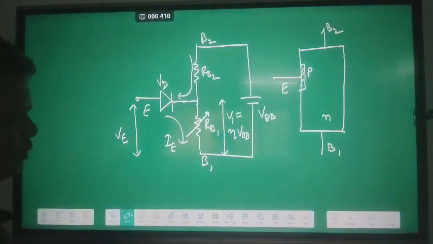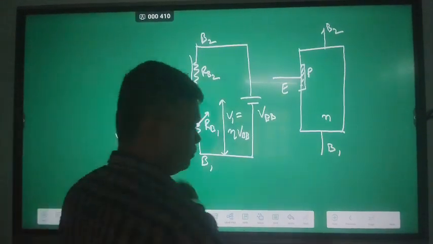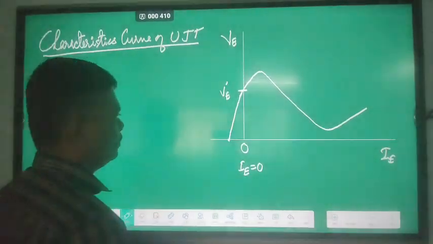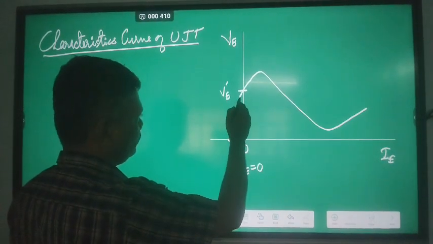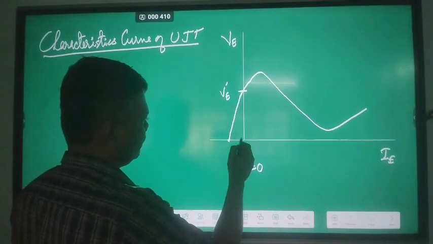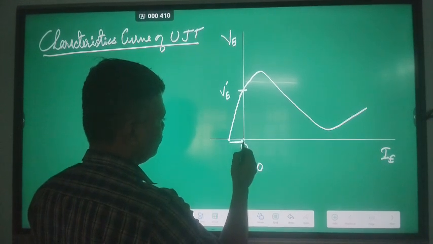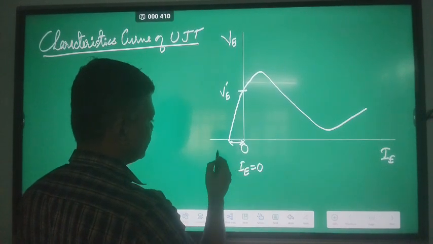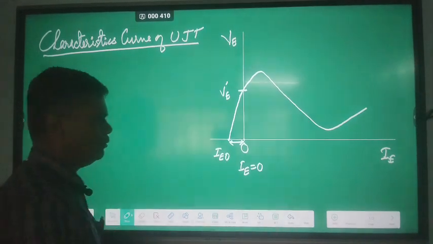If you decrease VE dash further and make it 0, I will get the maximum reverse saturation current, which I call IEO.